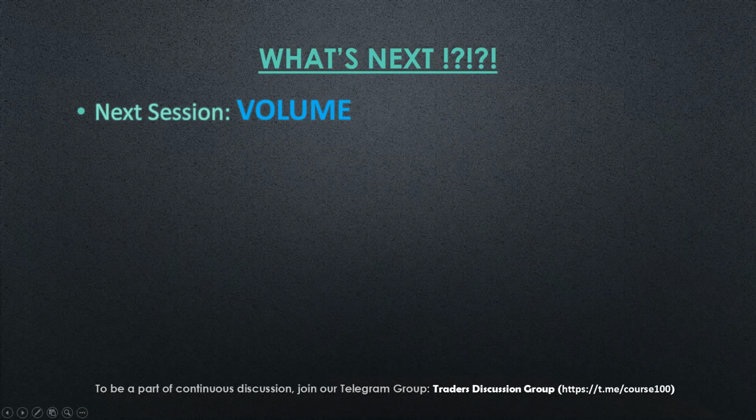So I hope the next session will be very interesting for learning volumes, and in the next session we will start with bar by bar analysis as well. I'll tell you what bar by bar analysis is.